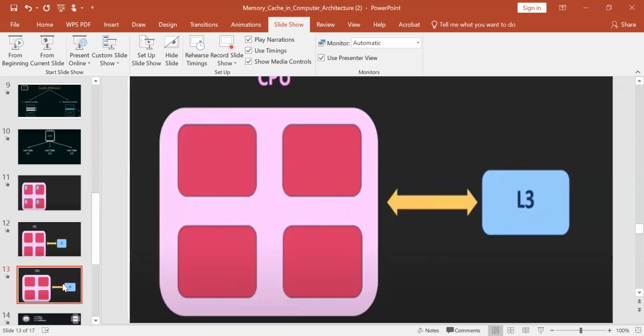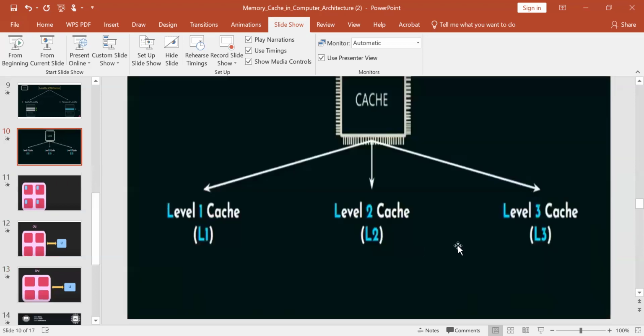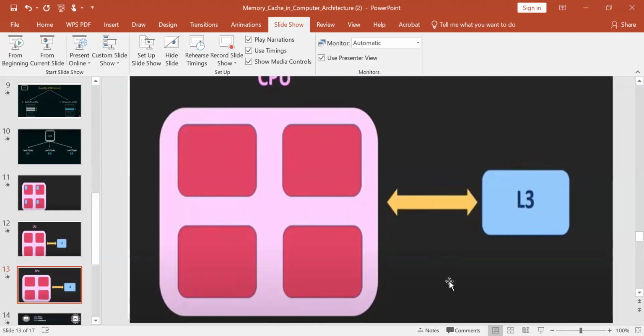Once it's outside, it is shared among all the cores of the CPU. It is definitely slower than the level one and the level two. However, even this slower rate is much faster than the RAM.